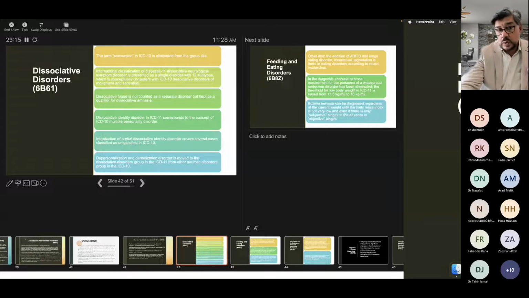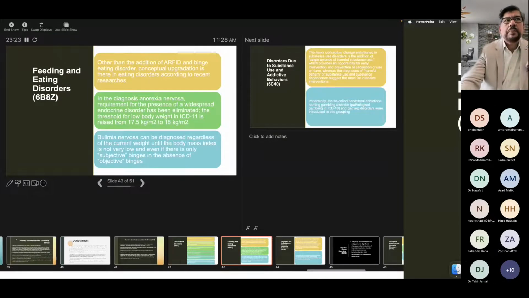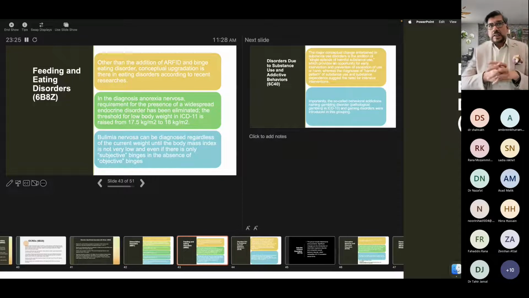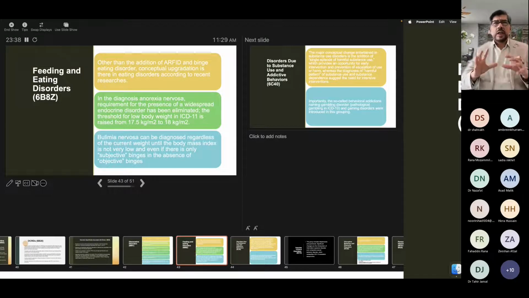If you don't want to, even labeling them as dissociative disorder 6B61 and some description related to it would be sufficient. Feeding and eating disorders, again, an important thing. So previously we were seeing that there is a binge eating disorder, bulimia nervosa, then there was anorexia nervosa. Now, they have tried to simplify it under the heading of ARFID.